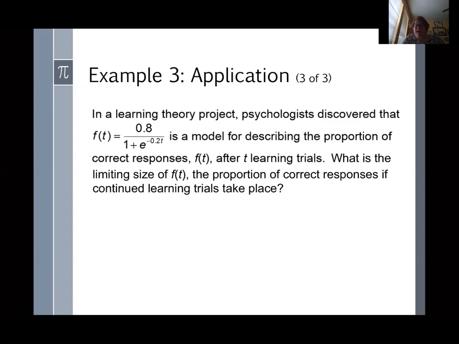To find the limiting size of your logistic model, it's just the numerator. So that number right there is always the limiting size in your logistic model. So our limiting size is 0.8 or 80%. So the numerator of a logistic model is the limiting size.